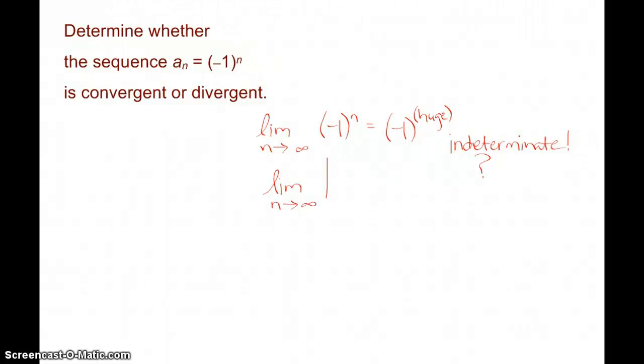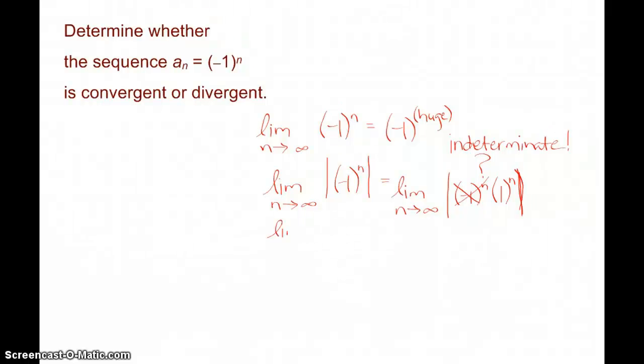You know, there was that one tip that said we don't really care what's happening here. This is -1 to the n times 1 to the n, right? We could write it that way. And that one technique said, listen, whatever the positive one is doing, then the negative one's going to do the same thing as far as convergence is concerned.